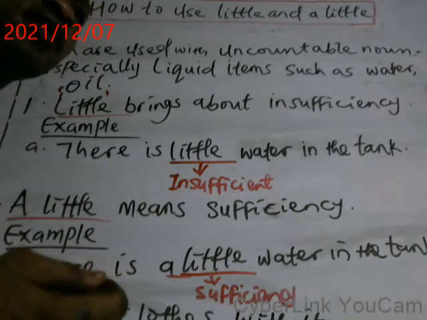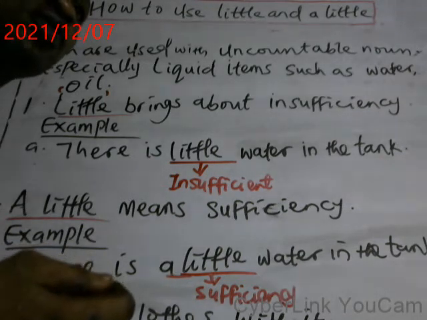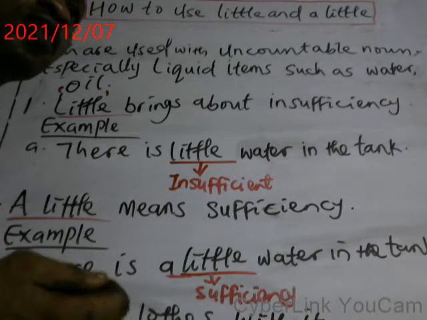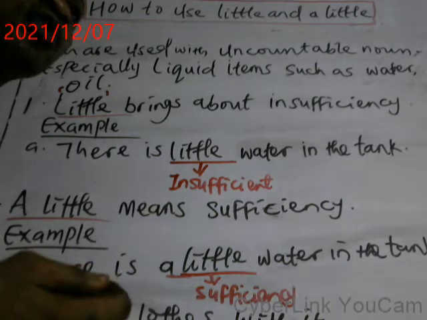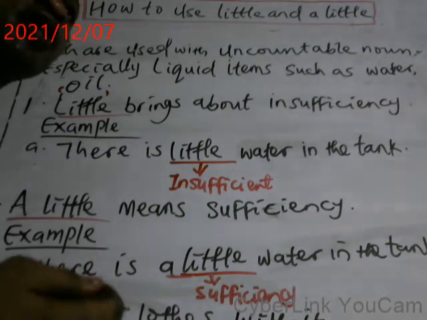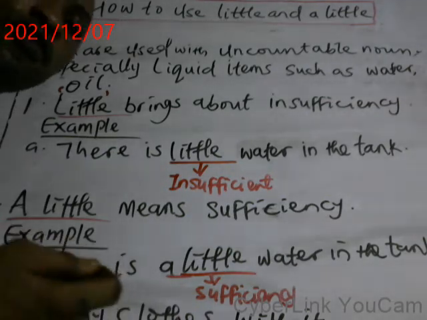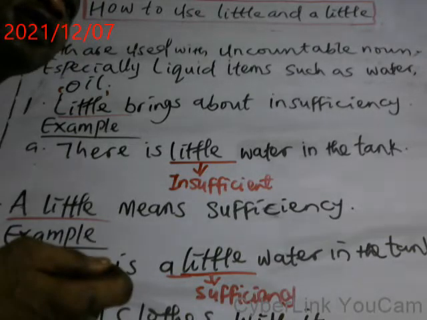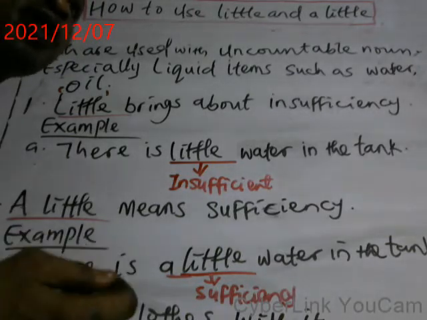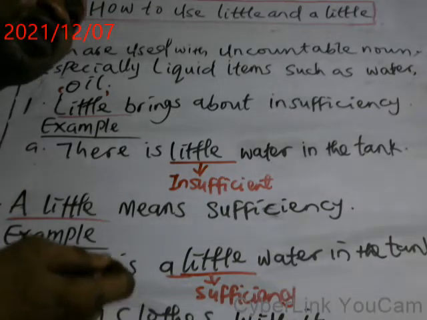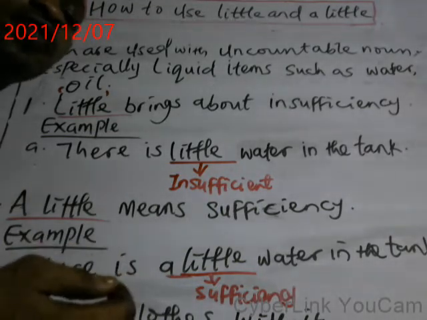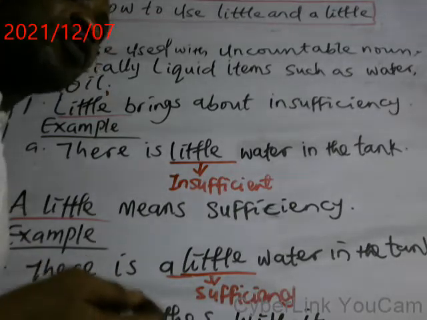As a matter of fact, a little and little can be used when we make reference to liquid items especially. If you make reference to something like sand, we can also use a little or little. Items such as water, oil, and sand are uncountable.